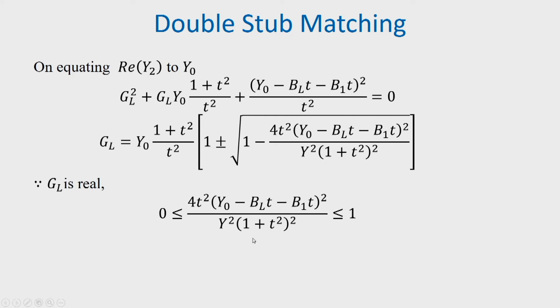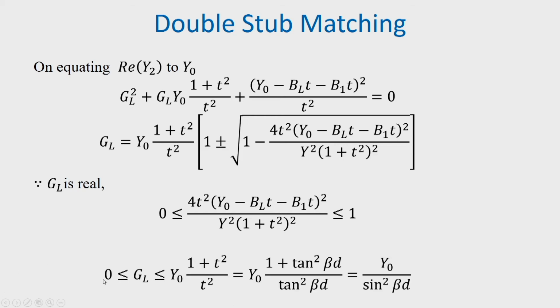So, this term is greater than 0 and less than 1, and this will only give us a real solution for GL. And from this equation, now we can write GL is between 0 to Y naught by sin square beta d.